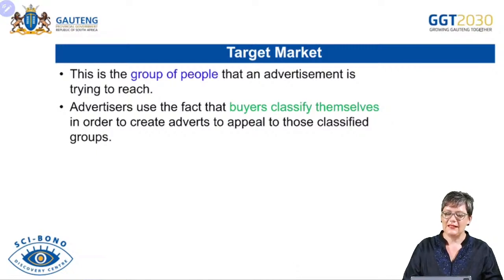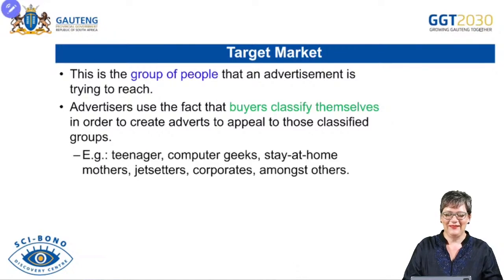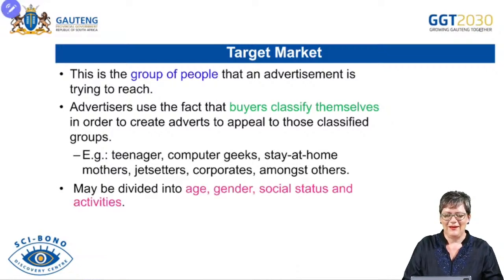Advertisers use the fact that buyers classify themselves, so they create advertisements to appeal to these people. We've got teenagers, mothers at home, corporates. There's a whole different lot of groups, so it can be divided by age, gender, status, activities.